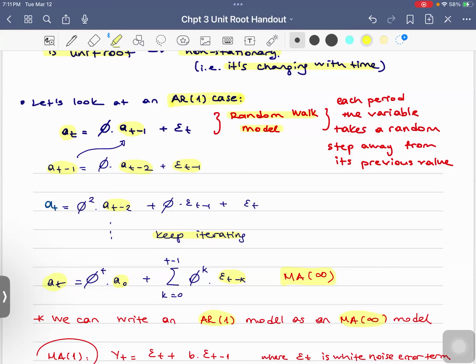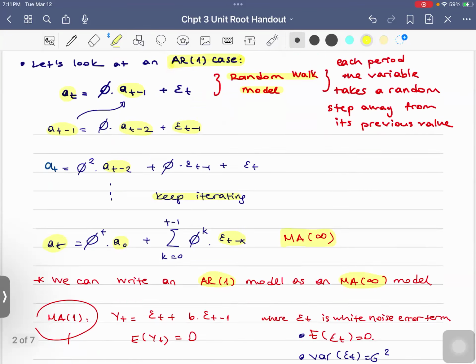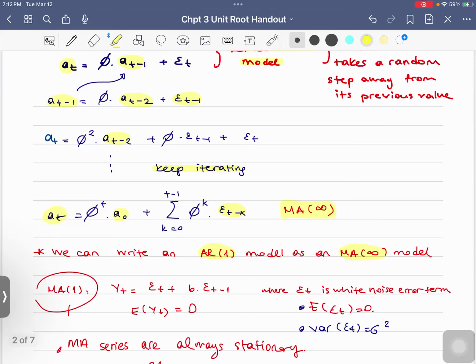We chose our starting point as an AR1, and through repeated iteration, we were able to get rid of all the autoregressive sections and write A_t as basically the sum of the past error terms. Obviously, there's a phi^k element there as well, but it's basically a function of past error terms.